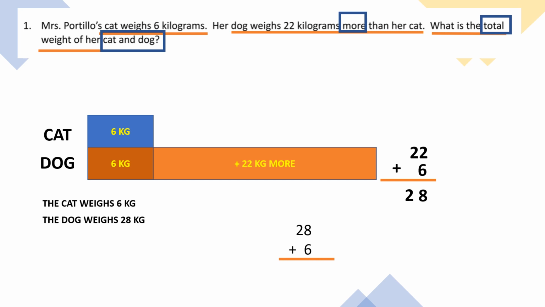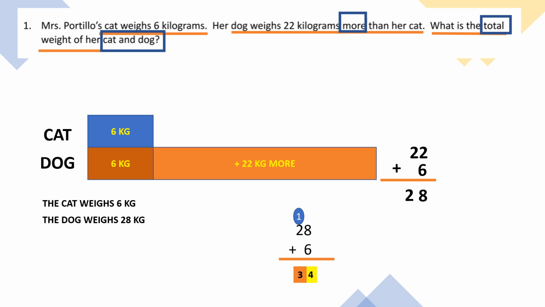And we start with the ones place. 8 plus 6 is, if you said 14, good. You put the 4 down in the ones place and you carry the 1 over the tens place. 1 plus 2 is, if you said 3, perfect.